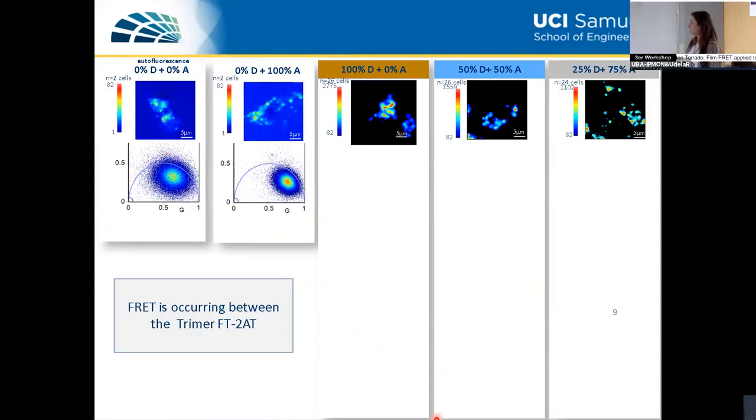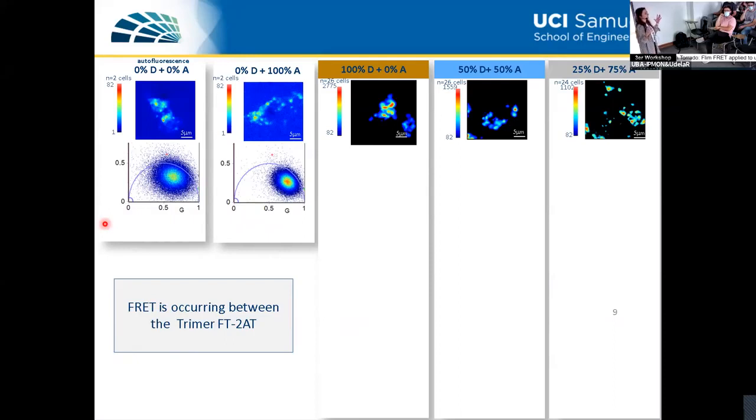What we have here, the first part, are the controls. We have just cells with no donor and no acceptor, just the autofluorescence of the cell. Then we have another control where we don't have donor, but we have only acceptor. We can see that the intensity level and the phasor plot position are the same in them.